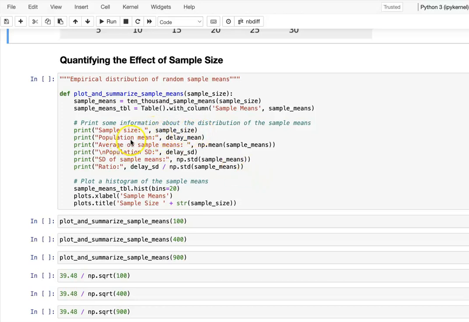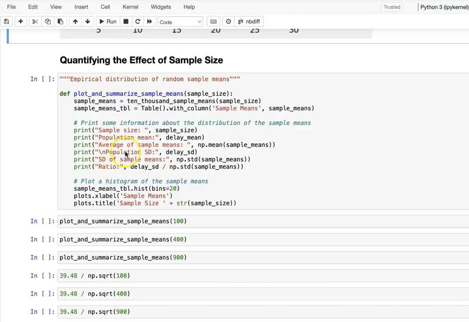The second one, population mean. Then the average sample mean. These two should be close to the center. The population mean will definitely be the center, and the sample mean will be the center of the distribution. Then let's observe more about the standard deviation.